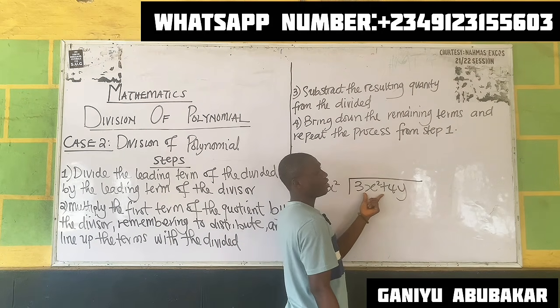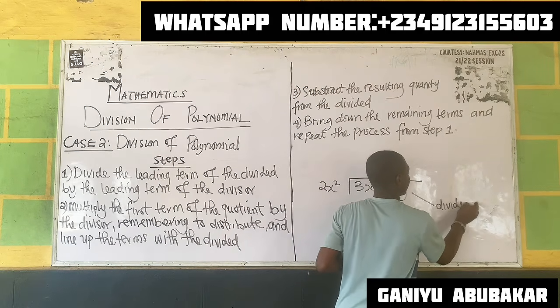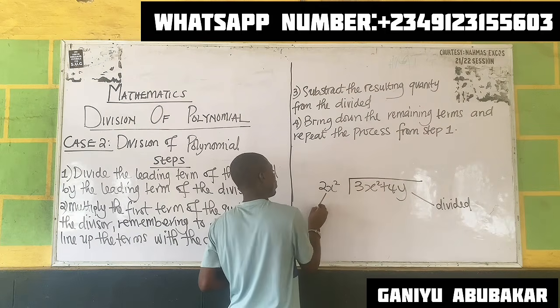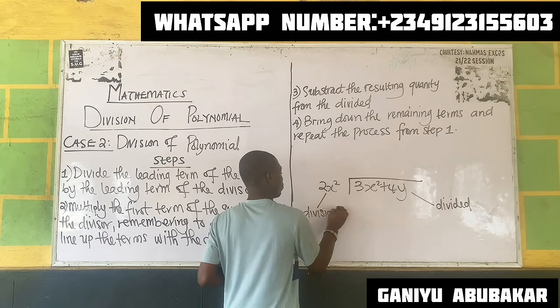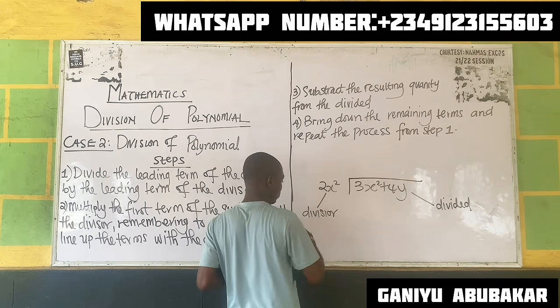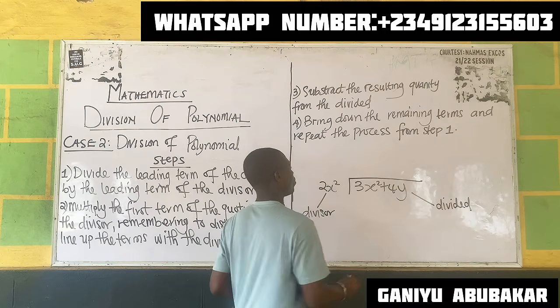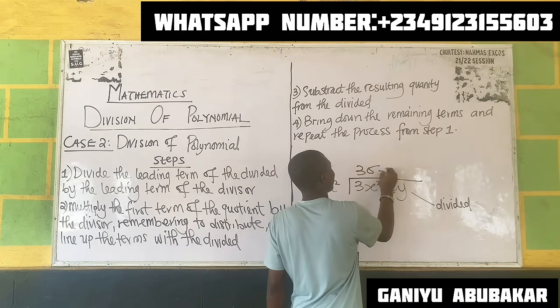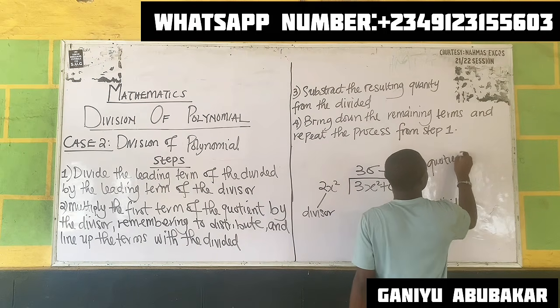Whatever is inside here is called the dividend. Anyone outside is called the divisor. And whatever is up here is called the quotient.